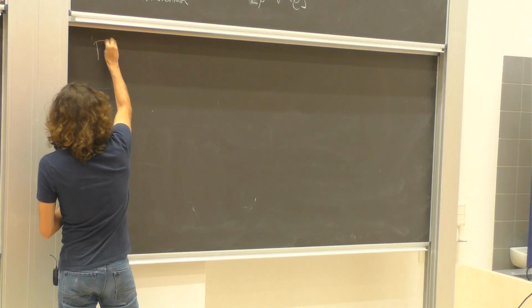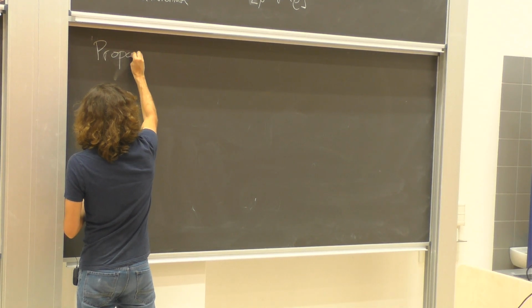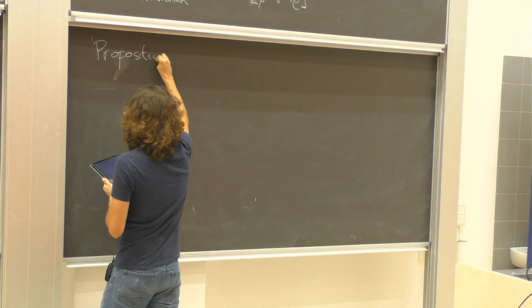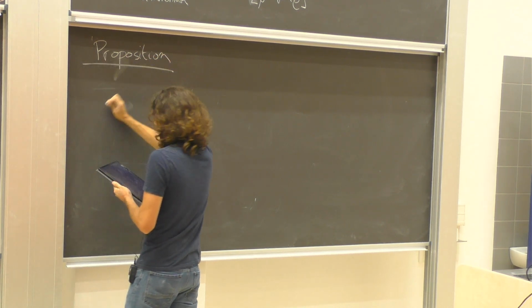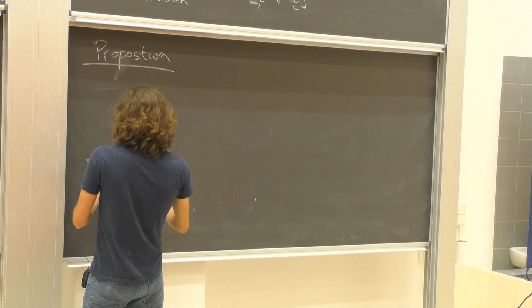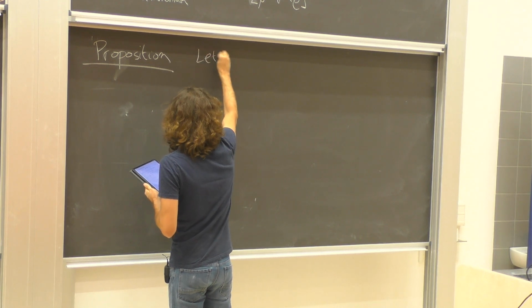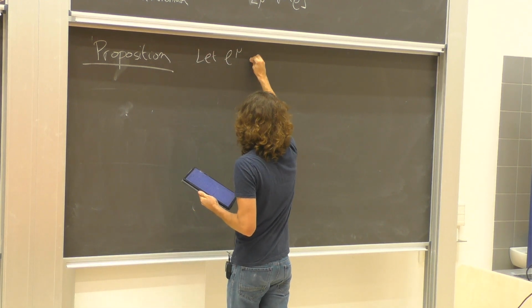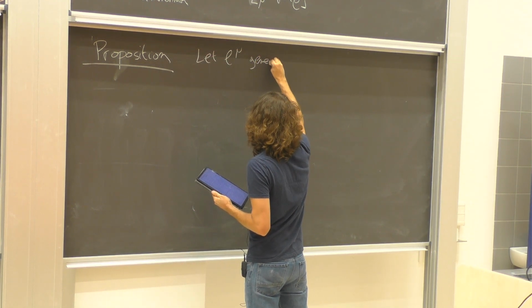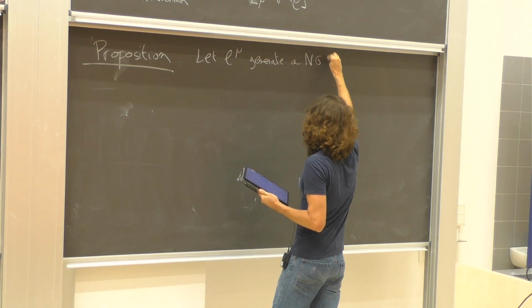So let's see how many of them we have. Proposition. Let L^μ generate a null geodesic congruence.